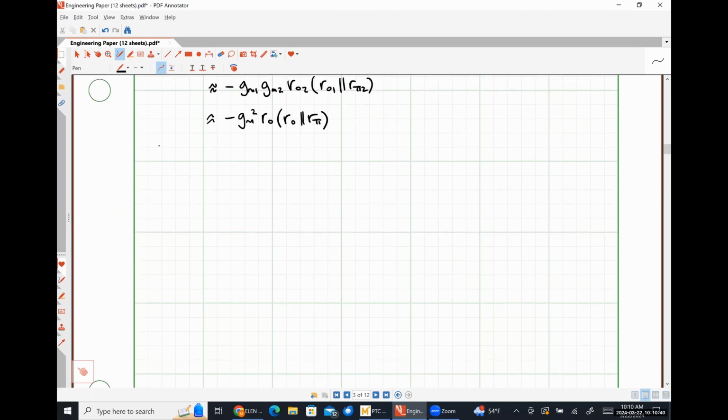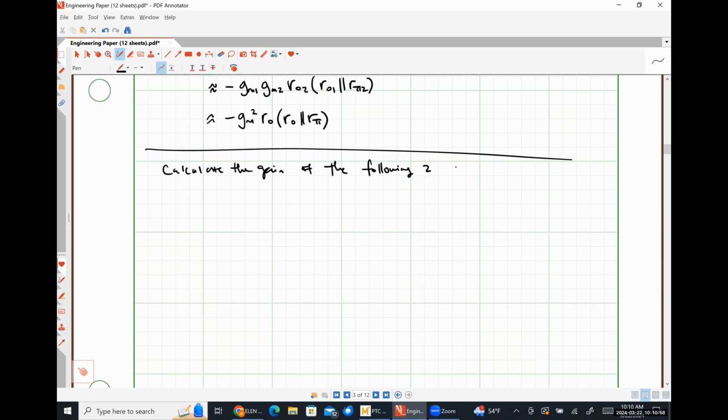Okay. So let's say that we are calculating the gain for the following two circuits where our collector current IC is 1 milliamp, beta is equal to 100, and our Early voltage is a paltry 5 volts.